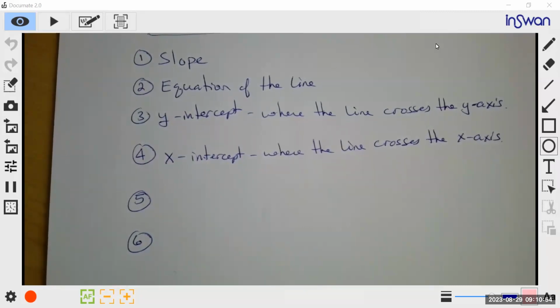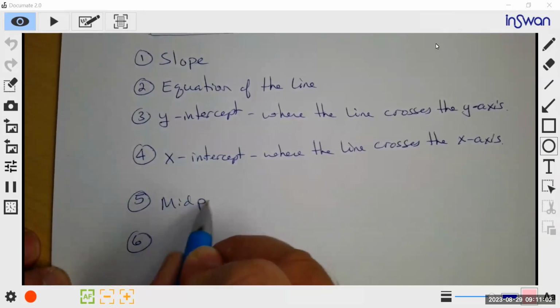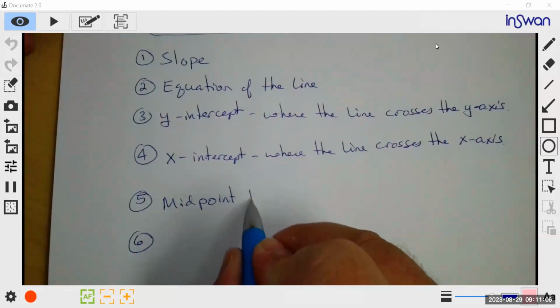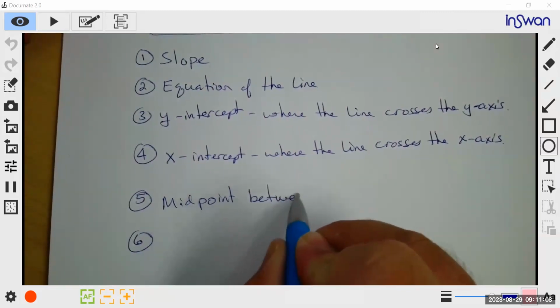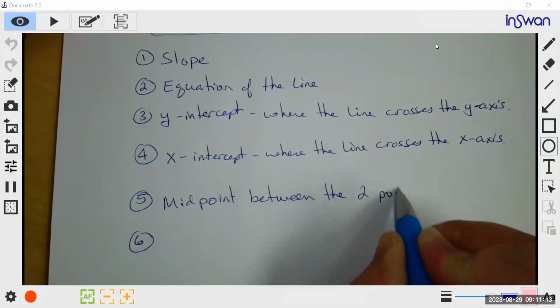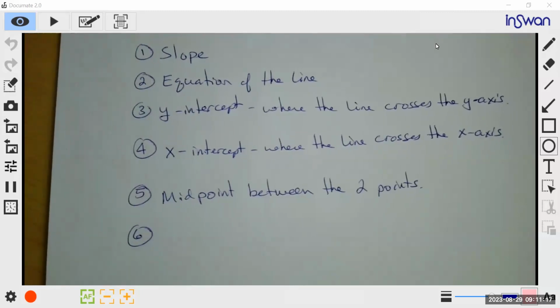2 more things. The midpoint between the 2 dots. And one more.